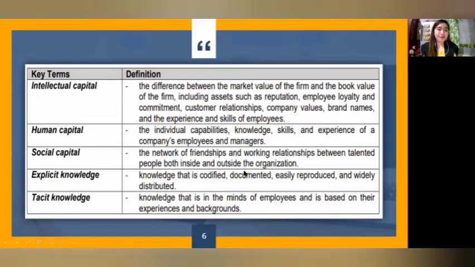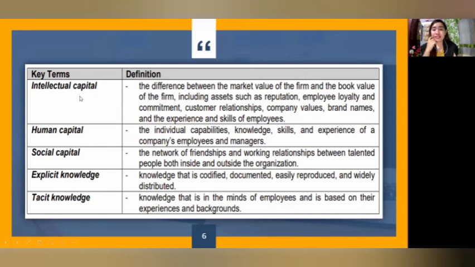Next, we have key terms. These are the key terms of my topic: intellectual capital, human capital, social capital, explicit knowledge, and tacit knowledge. Since we already discussed intellectual capital, it is the difference between the market value of the firm and the book value of the firm.